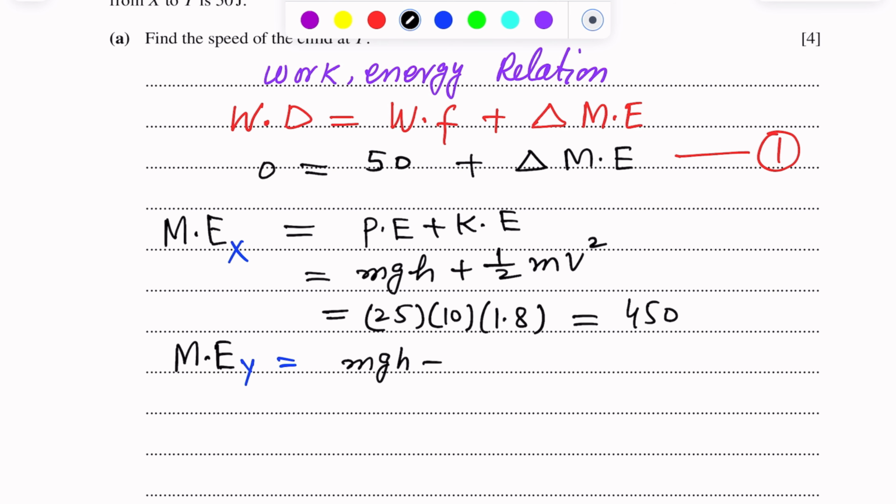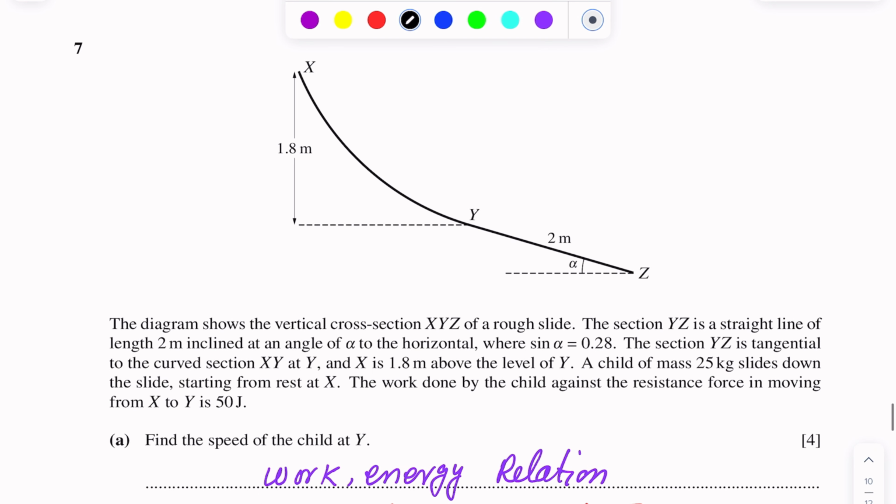Mgh plus 1 over 2 mv square. Now mgh, for this part of the slide, at this point we are taking point y as the level.